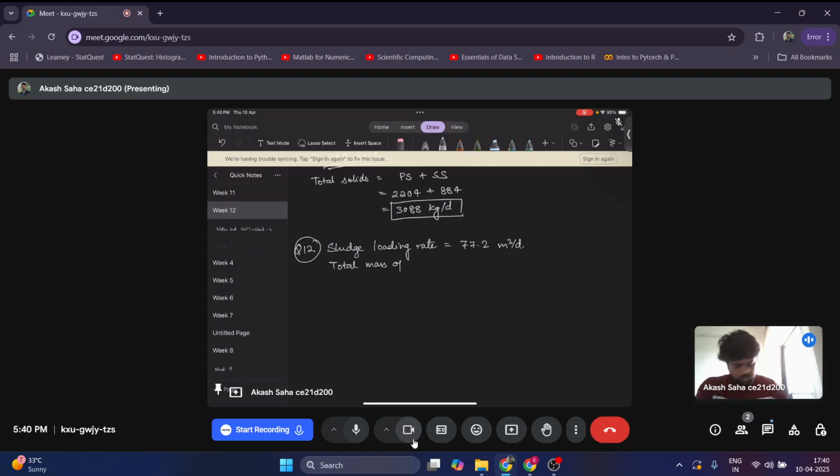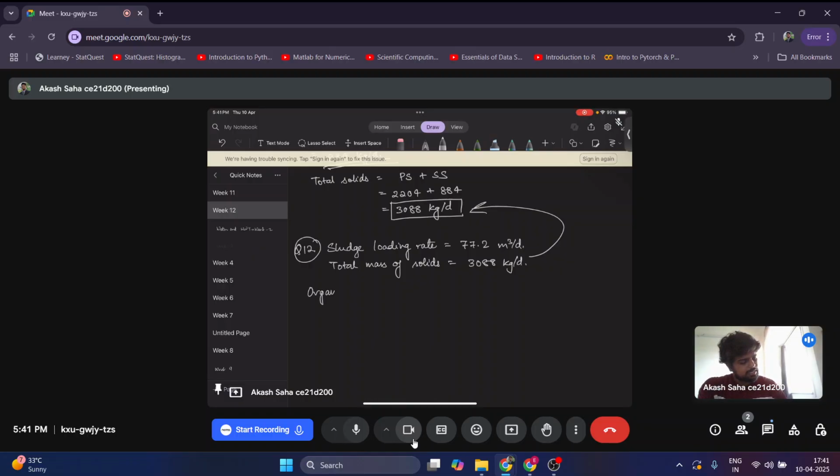Total mass of solids is equal to 3088 kg per day. So that we found out from the last problem. This is directly taken from the last problem.